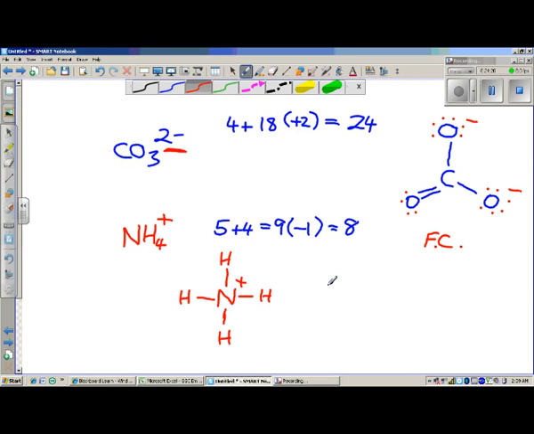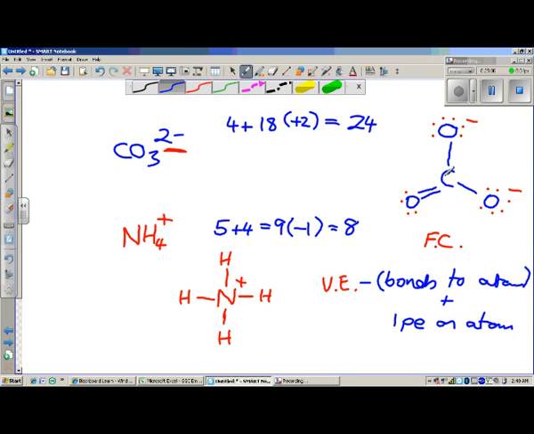Formal charge is the number of valence electrons minus the total of the number of bonds to that atom plus the number of lone pair electrons on that atom. Not lone pairs, I mean lone pair electrons.